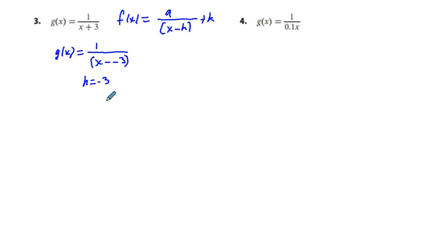And what that means is f of x is translated three units to the left.